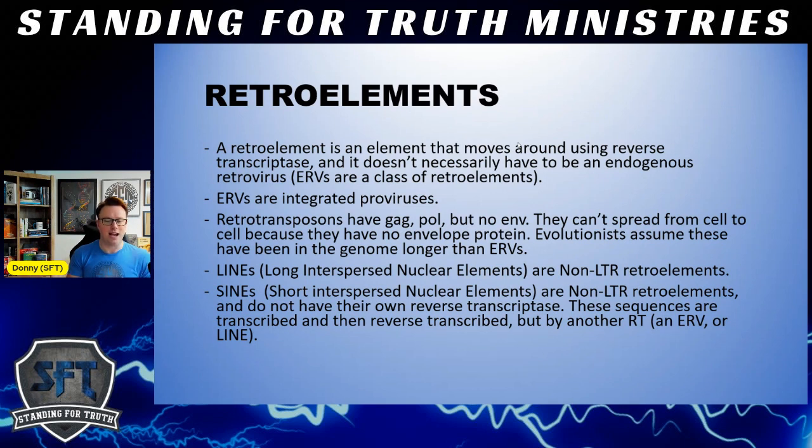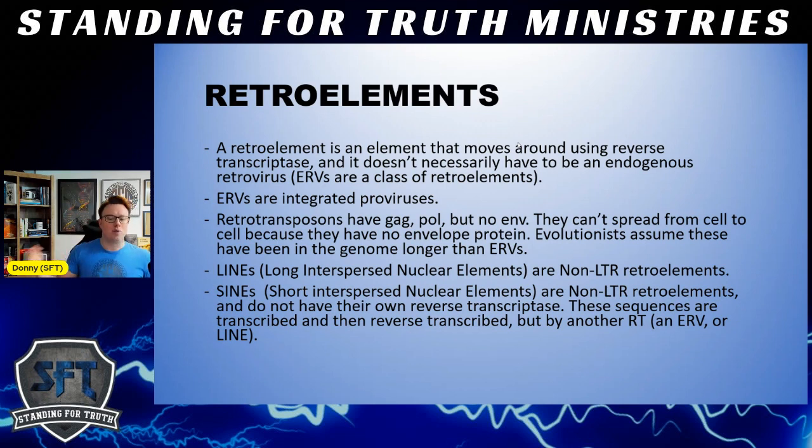Okay, I want to go through this slide a little bit. A retroelement is an element that moves around using reverse transcriptase, and it doesn't necessarily have to be an endogenous retrovirus. So basically, ERVs are a specific class of retroelements, but there are different retroelements like retrotransposons, LINEs, SINEs, and I'm going to go over those in another slide.